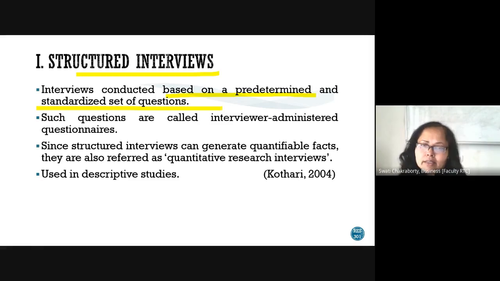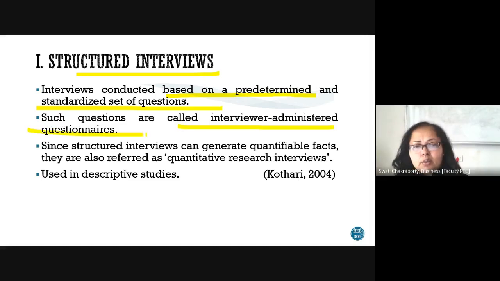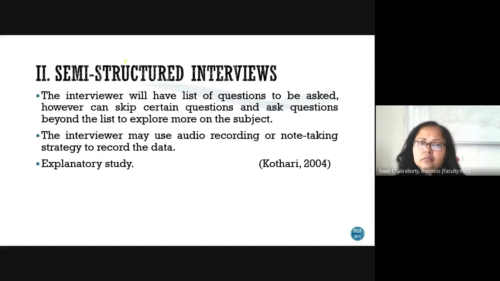It's already decided before you go and actually start interviewing the person. Such questions are also called interviewer administered questionnaires, right? Since structured interviews can generate quantifiable facts, they are also known as quantitative research interviews, which is used mostly in descriptive studies.